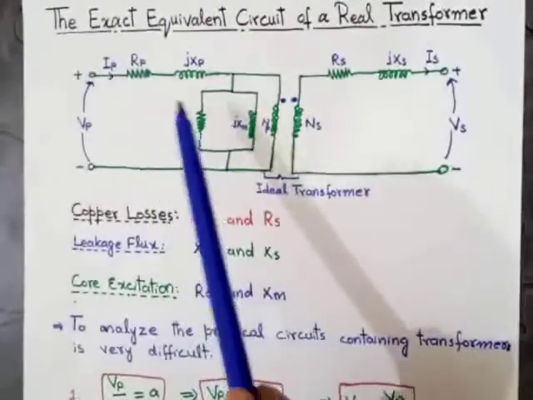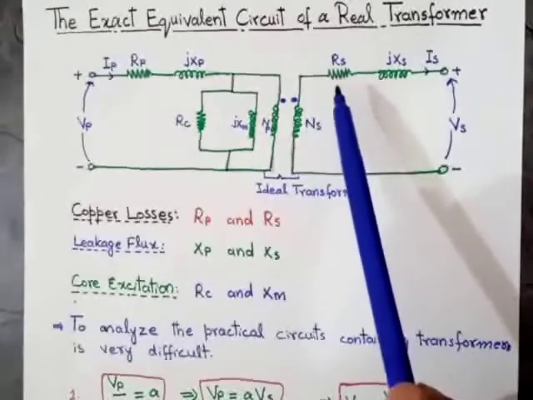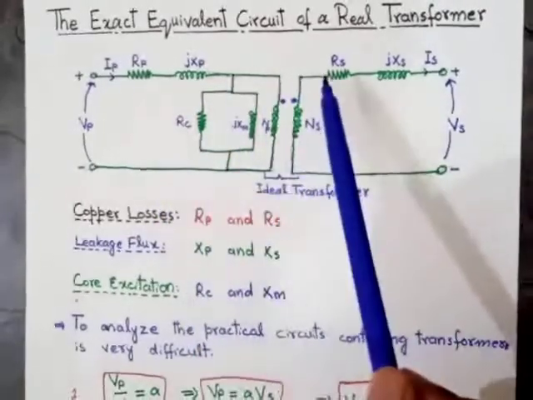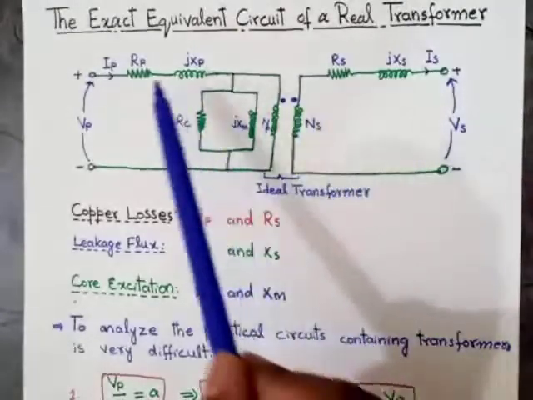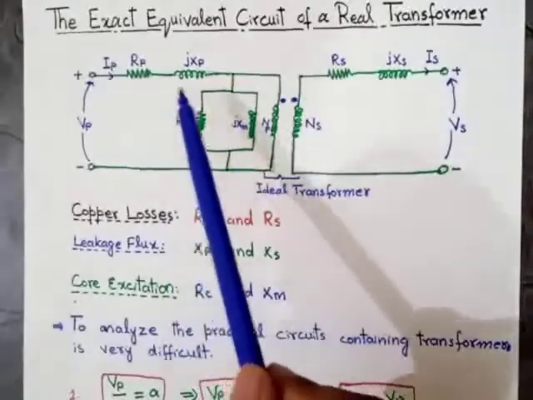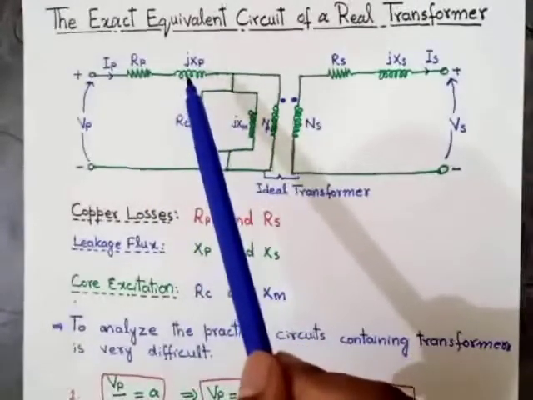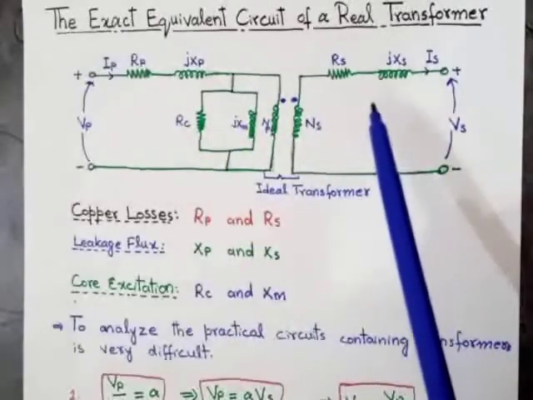In this circuit, RP and RS show the copper losses. When the values of RS and RP are more, then the copper losses will be more. When the values of RS and RP are less, then the copper losses will be less. The reactances XP and XS are due to leakage flux.